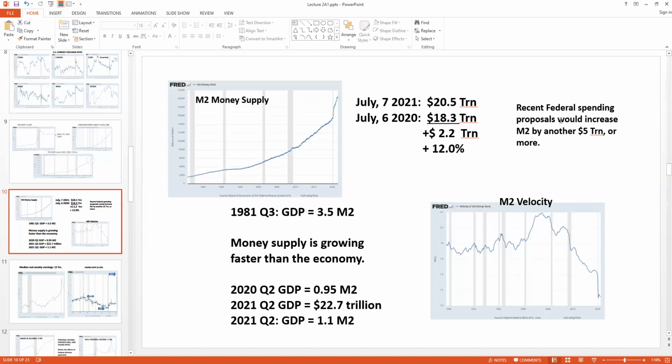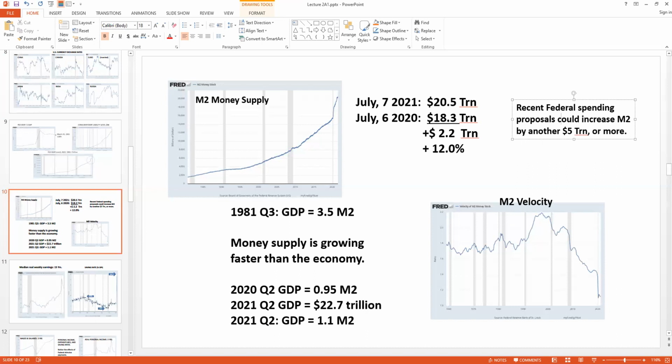And as I've mentioned earlier, recent federal spending proposals could increase, I think could is probably a better term, because we don't know how much of the spending would be from money that is already available versus new money created by new debt.